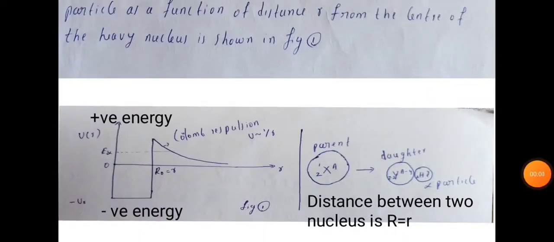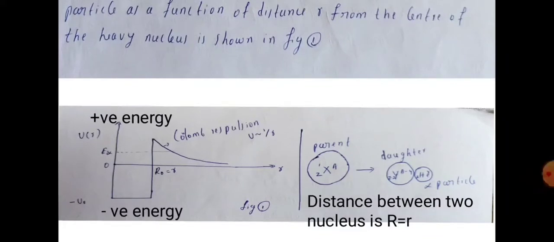Here on the right side we can see the daughter nucleus and the alpha particle, which freely exists in the parent nucleus, and these two are separated by distance r. Small r is equal to capital R.